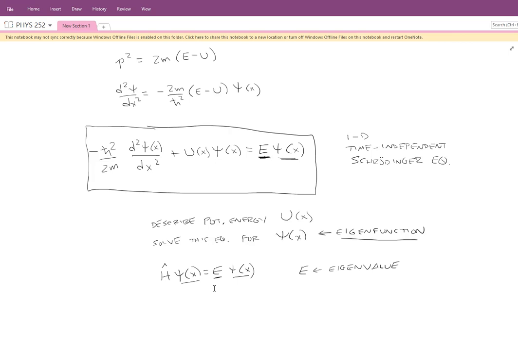For instance, if you're looking at an atom, you may not care when the atom is in this particular state. You just want to know the allowed energy levels of this atom. So the time-independent Schrodinger equation, very valuable information can be gained from it.